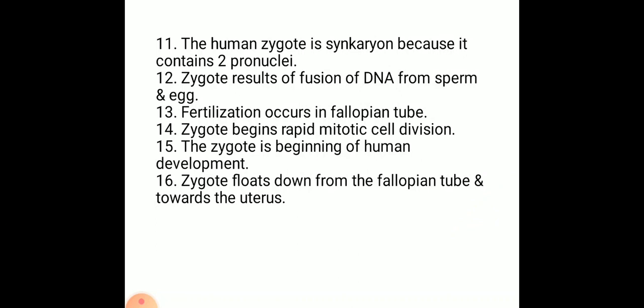The zygote is the beginning of human development. When fertilization occurs, the process of development starts. The zygote floats down from the fallopian tube towards the uterus, and from the zygote, cleavage will be produced. So this is about fertilization.